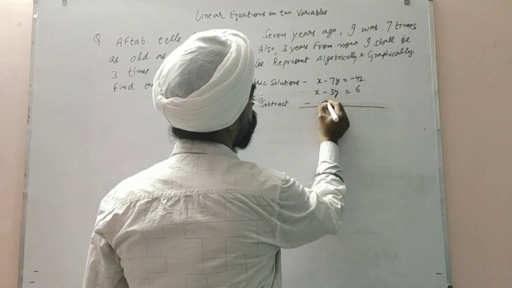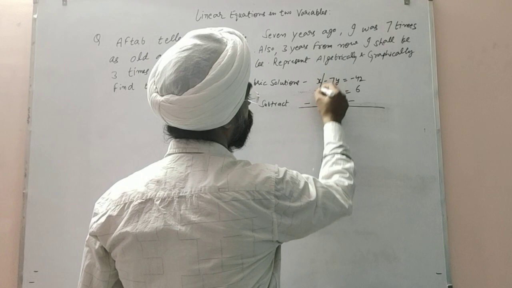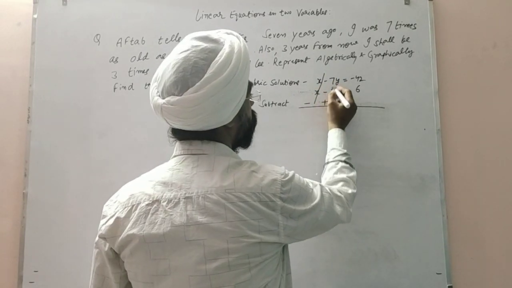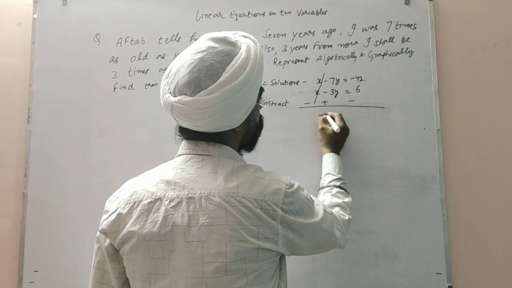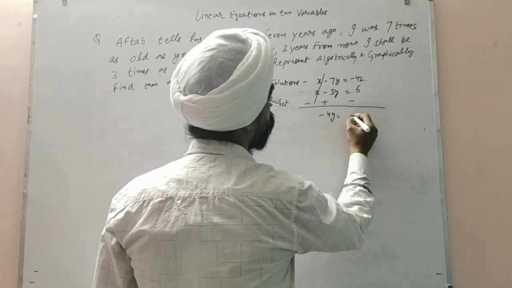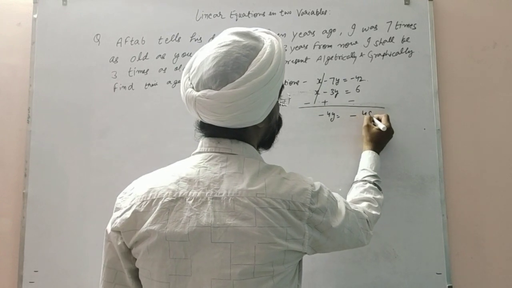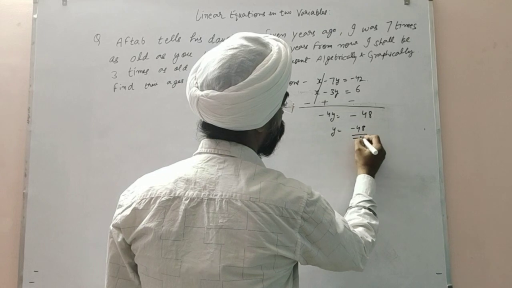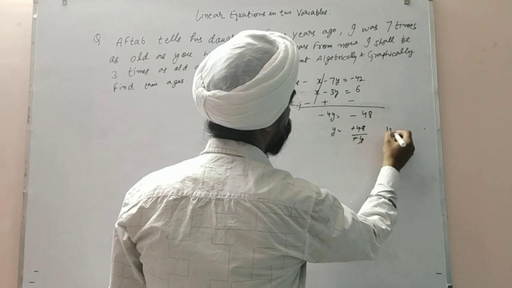Minus, plus and again minus. This term gets cancelled. Minus 7y plus 3y gives minus 4y. Minus 42 minus 6 gives minus 48. y equals minus 48 by minus 4, which gives 12.